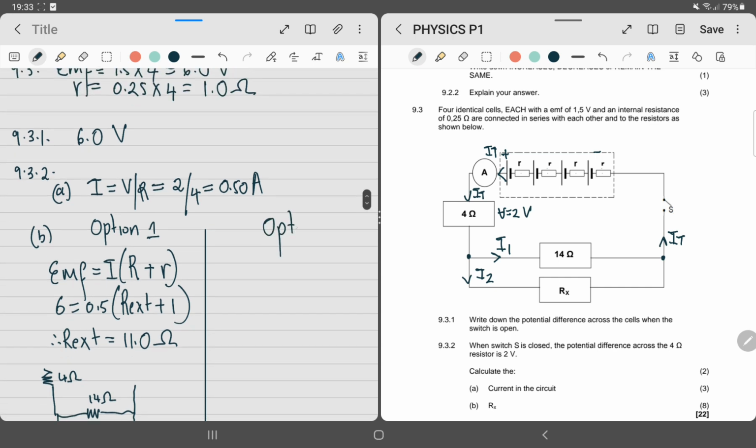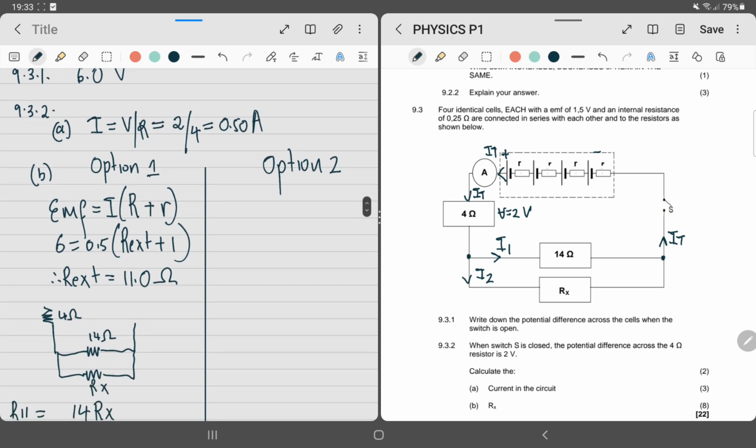Then for option 2, we can first find the external voltage, because we have the EMF, V external, and then we have the total current as well as the internal resistance.